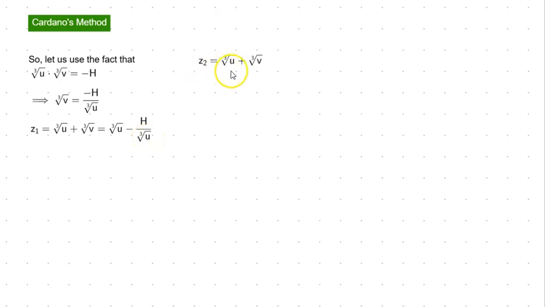Now for the second root of the depressed cubic, we take z2 is equal to cube root of u plus cube root of v, but then we multiply these two by omega. Cube root of u, we multiply it with omega, and cube root of v, we convert it into minus h by cube root of u, and in the denominator, we multiply it by omega.